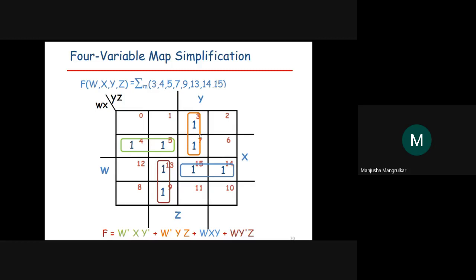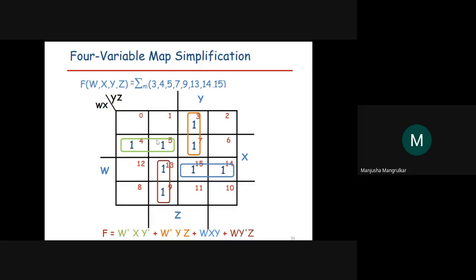So this is the 3, this is 4, 5, 7, 9, then 13, 14 and 15, right? Here we can do 2 ka grouping, there is no possibility of 4 ka grouping. This is one 4 ka grouping, but all these ones are grouped somewhere else, so there is no need to do this 4 ka grouping because it is an extra grouping.